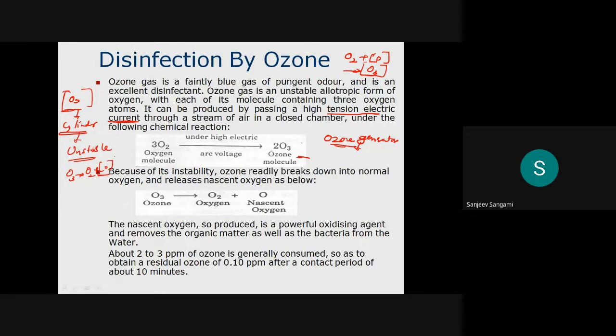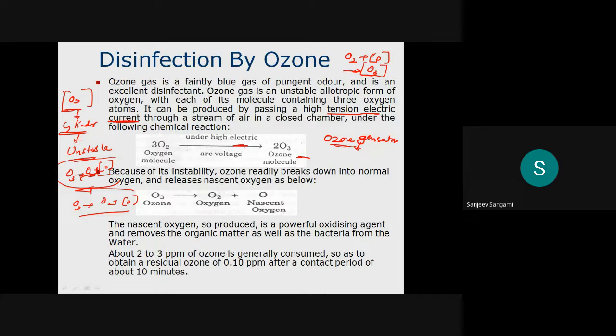No energy is required for the conversion from O3 to O2 plus O. But in the reverse case, converting from O2 to O3 requires a lot of energy, which happens under electric current, as we already discussed.